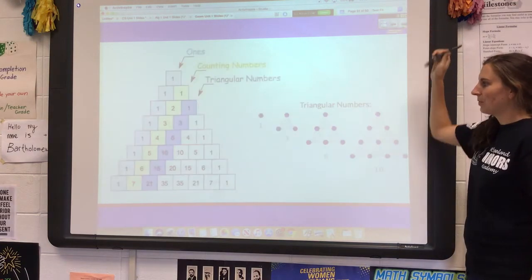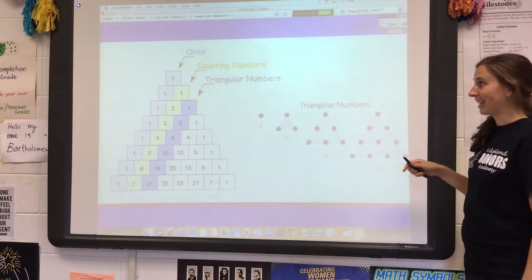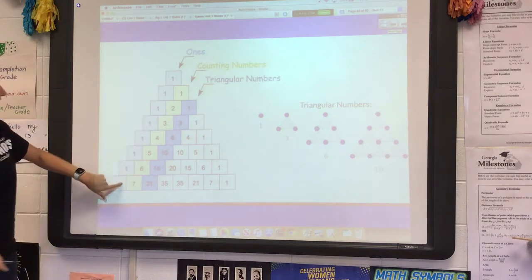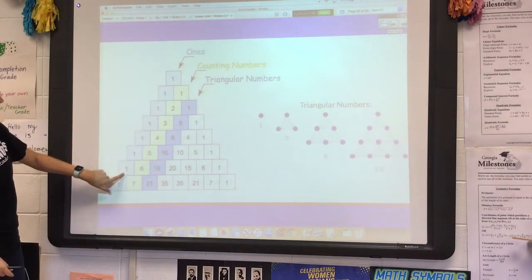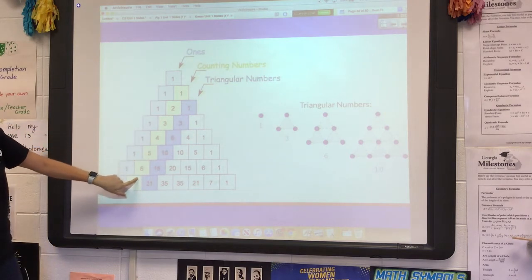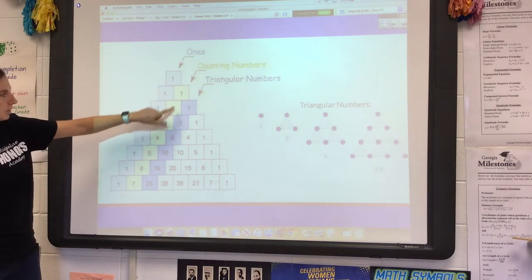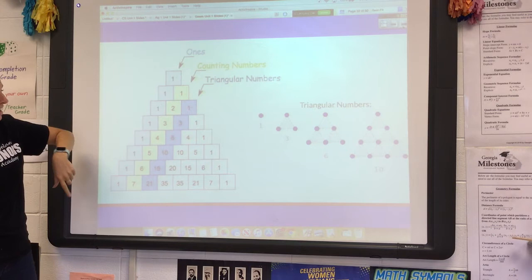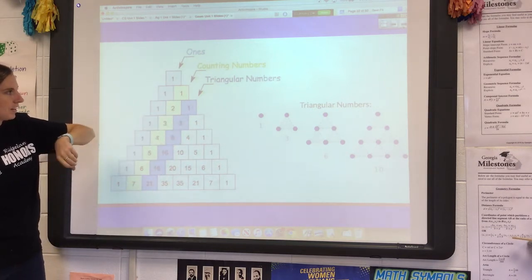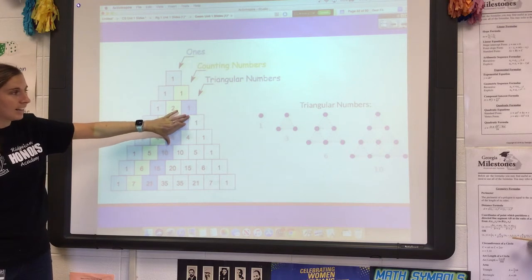For example, and I'm about to nerd out here for a second. If you look down each of these rows, I mean, this is all 1s, but if you look down the next row here, these are like counting numbers, 1, 2, 3, 4, 5, and so on. And then if you look at the next slanted row, it is what we call the triangular numbers.